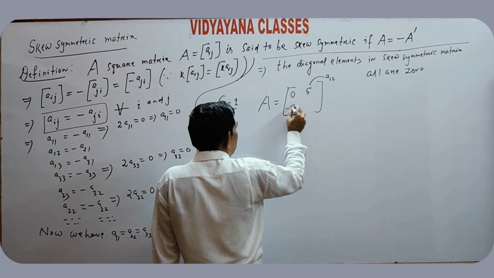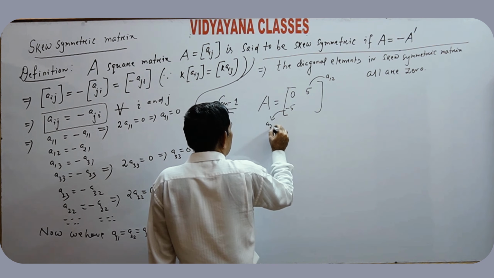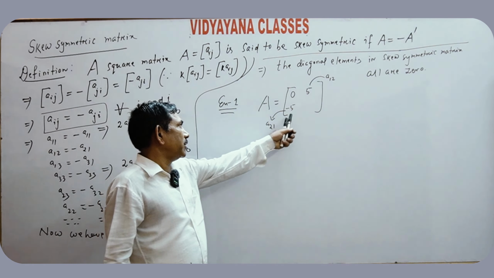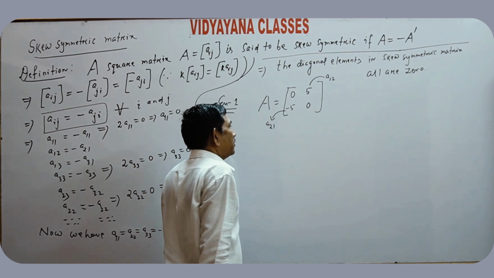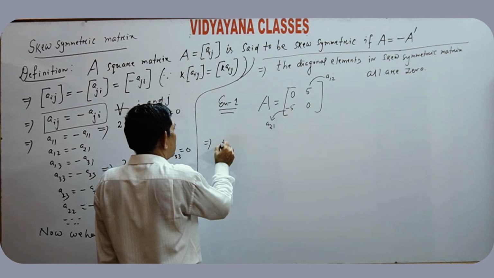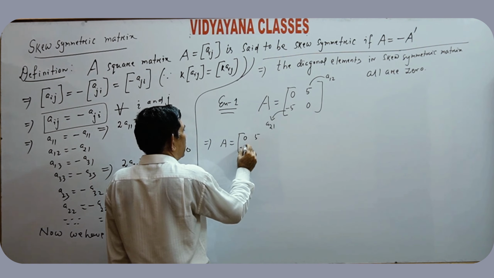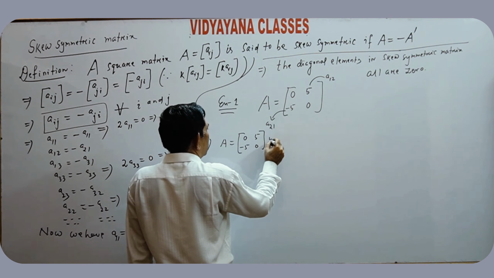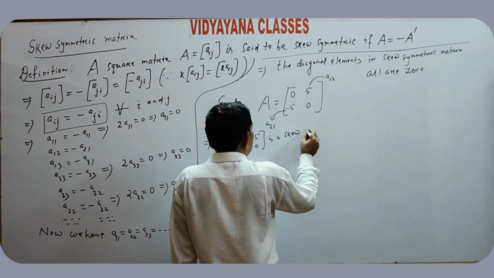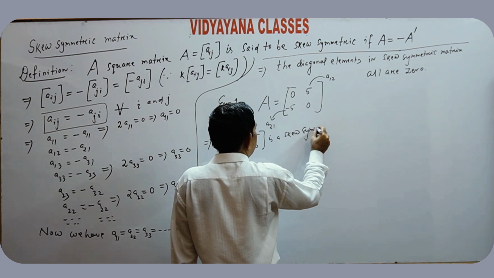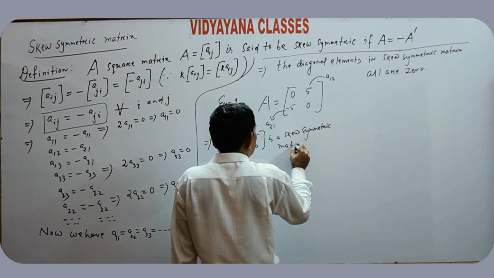A21 is the element of second row and first column. Implies 0, 5, minus 5, 0 is a skew symmetric matrix.